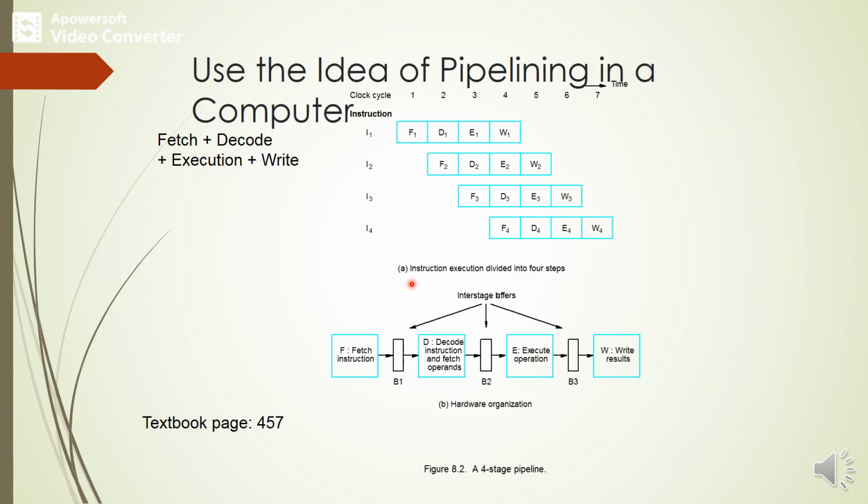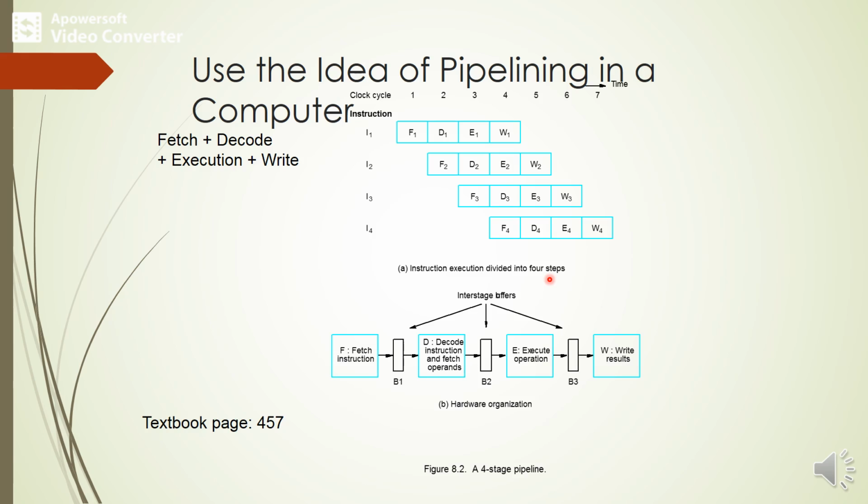The diagram shows instruction execution divided into 4 steps: instruction fetch phase, instruction decode phase, instruction execution phase and instruction write phase. The sequence of events for this case is considered in the diagram.